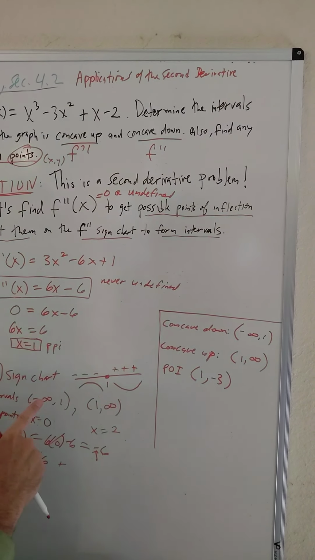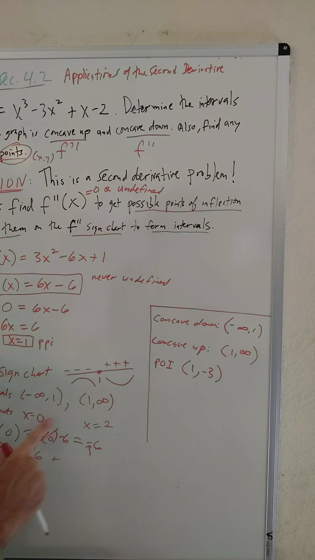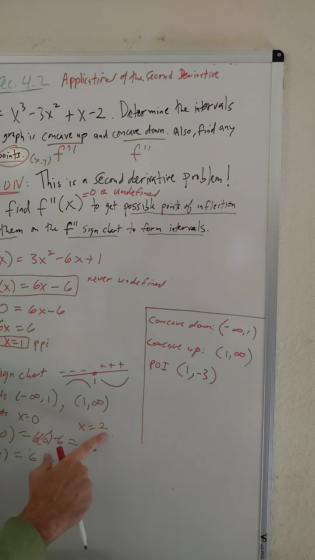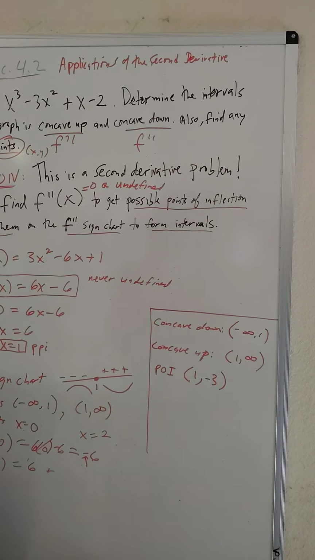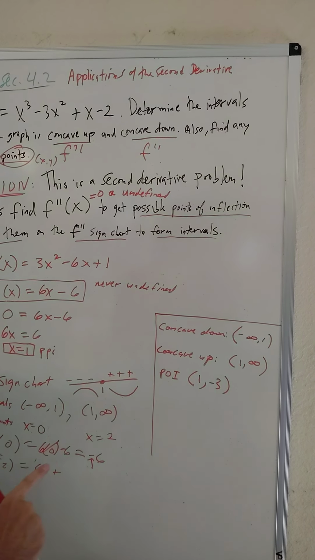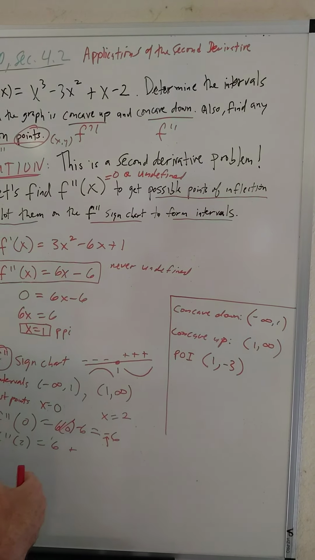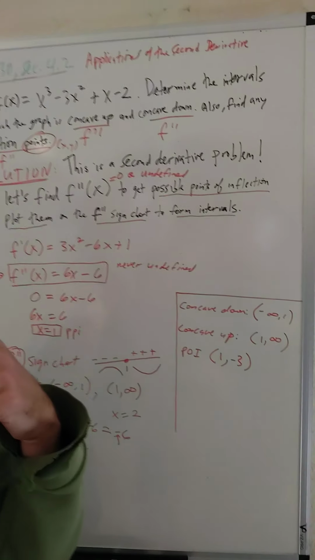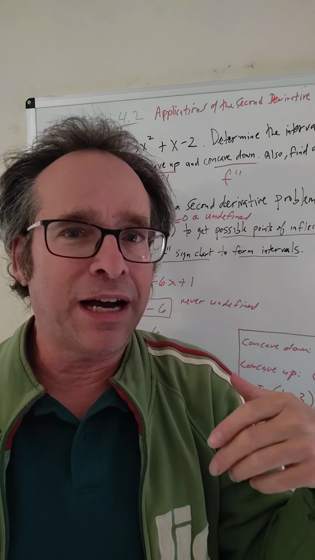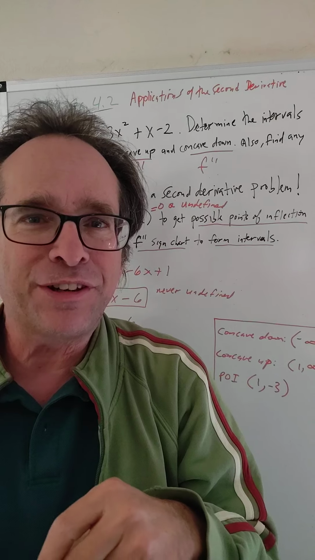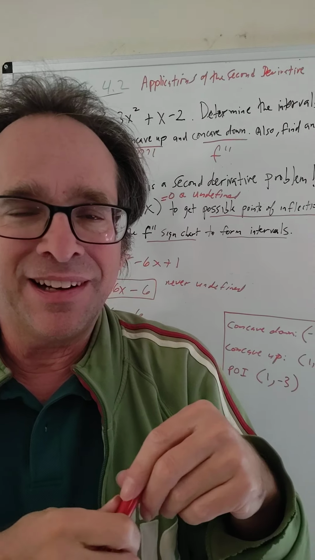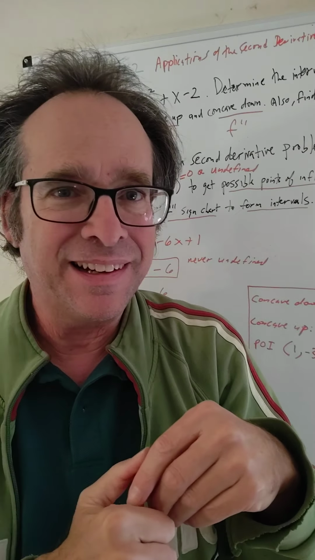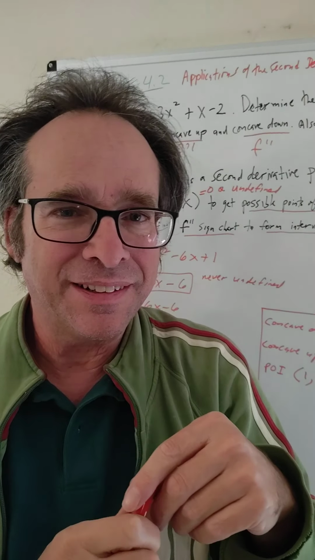And then once you get your intervals, you would find test points for each interval, but then you would find f prime of those test points. And then if f prime is positive, that means the graph of f is increasing, and if f prime is negative, that means the graph is decreasing. Or going downhill for decreasing, a graph is going uphill when it's increasing the slope.